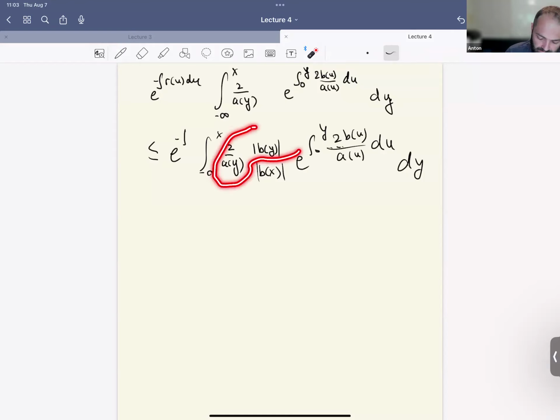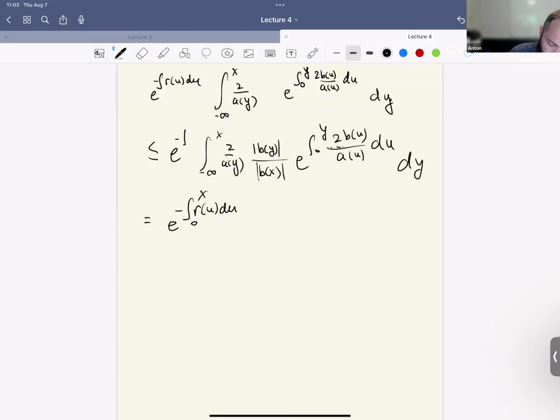Now we have again this chain rule inside the integral, and this comes out to be e to the negative ratio, e to the positive integral of the ratio times 1 over b of x, for x less than or equal to this left boundary.